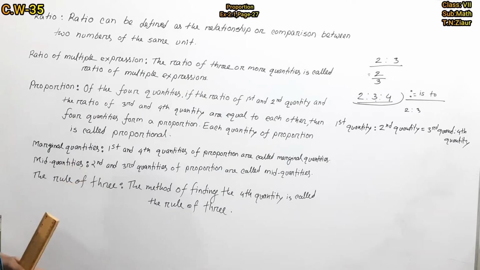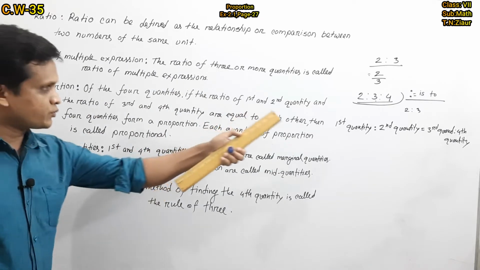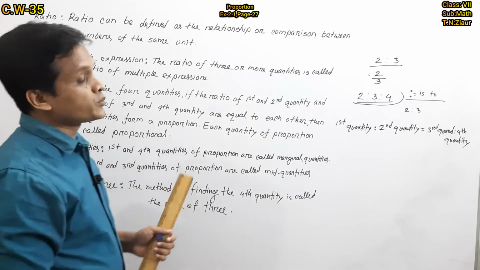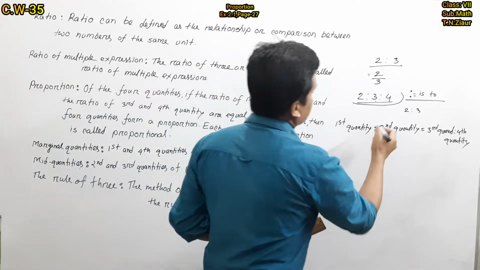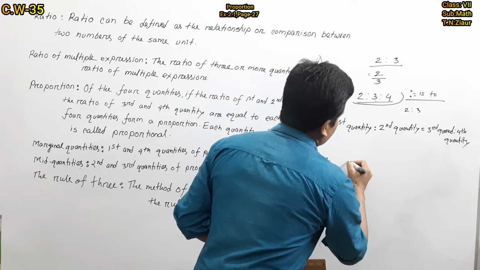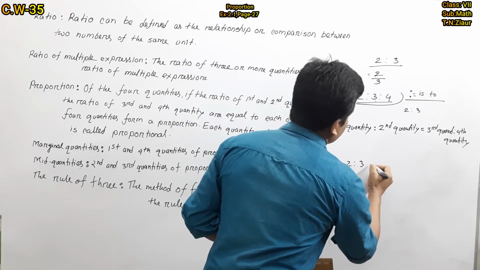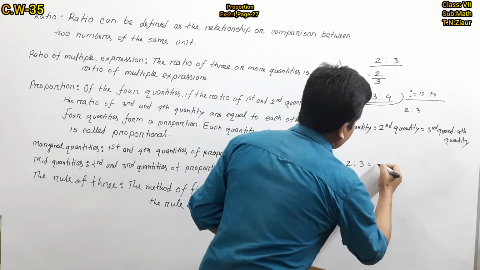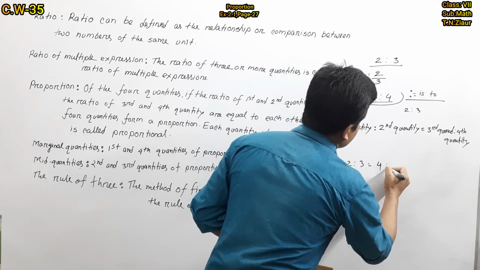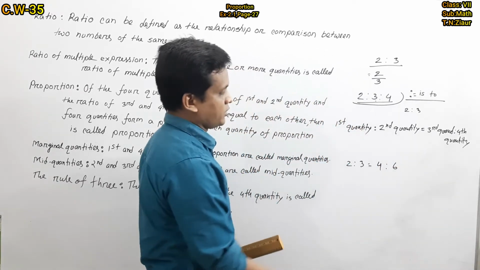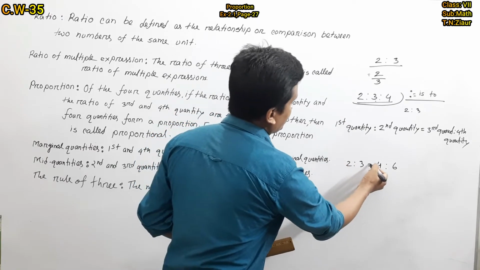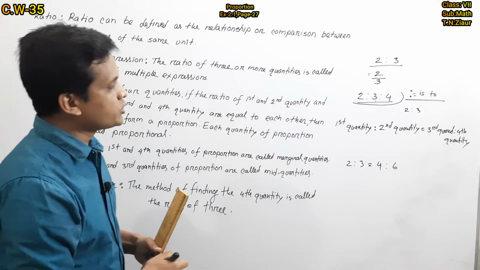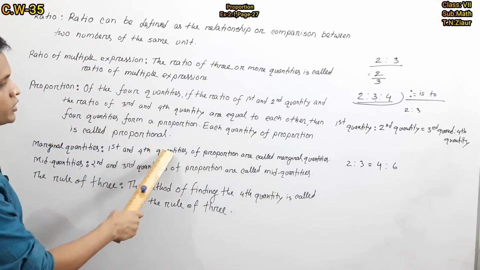Now marginal quantities. Of these four quantities, the first quantity and fourth quantity of a proportion are called marginal quantities. Suppose I have written 2 is to 3 equals 4 is to 6. So here which is the first and fourth quantity?